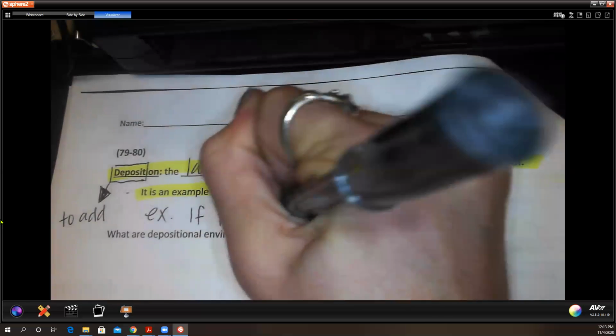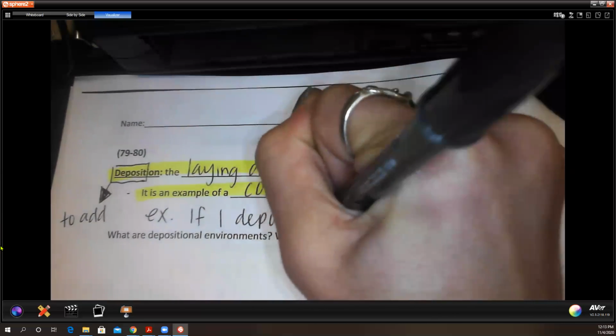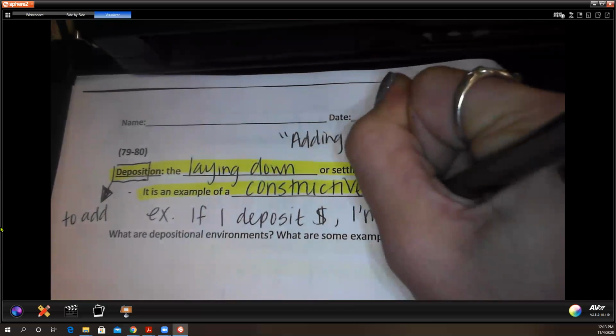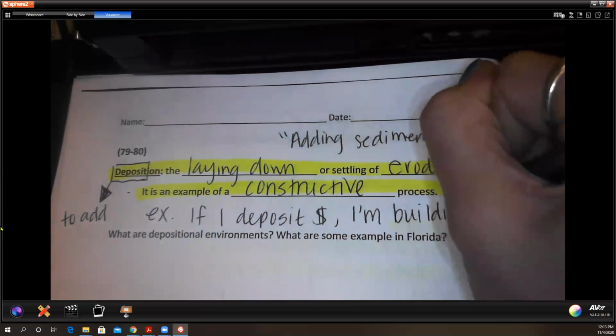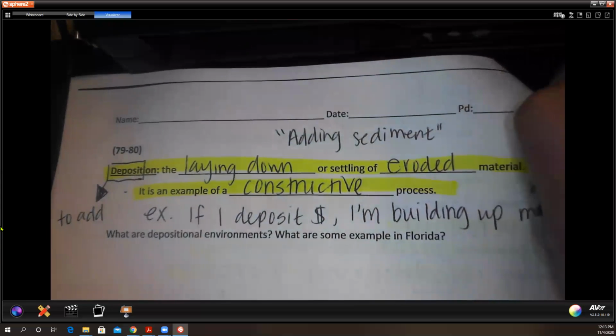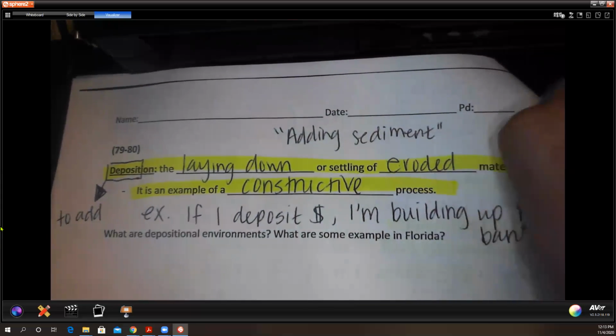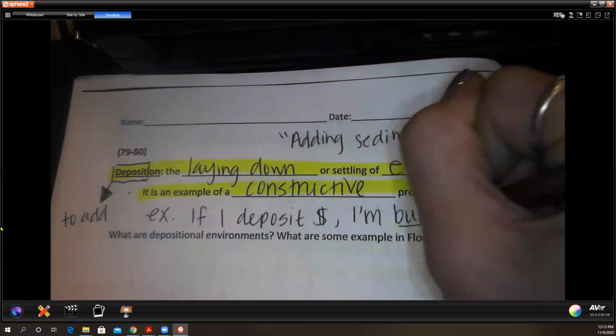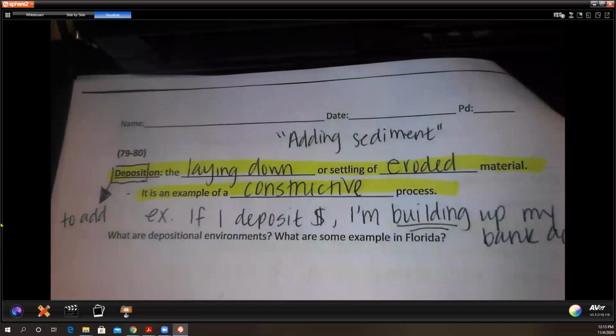If I deposit money, I'm building up my bank account. Right, building means it's constructive.